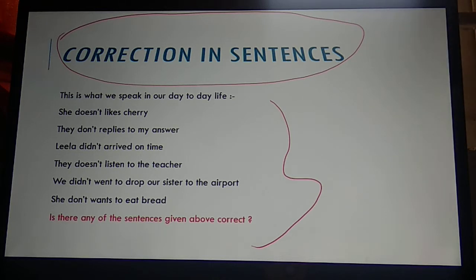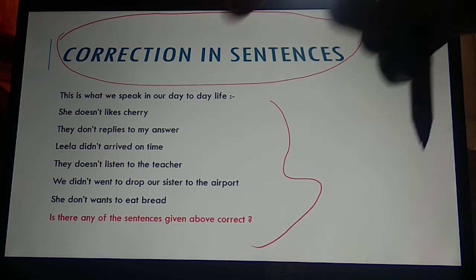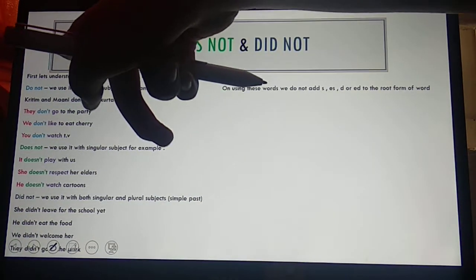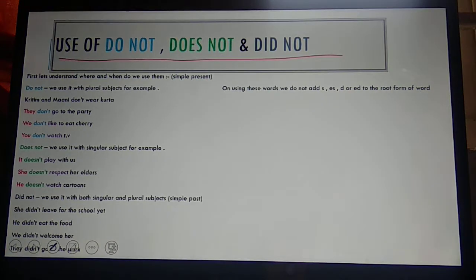So before we start with our identification, we must know where we use these words: does not, do not and did not. In this slide, I will tell you where and when we use does not, do not and did not. So first let's understand their use.